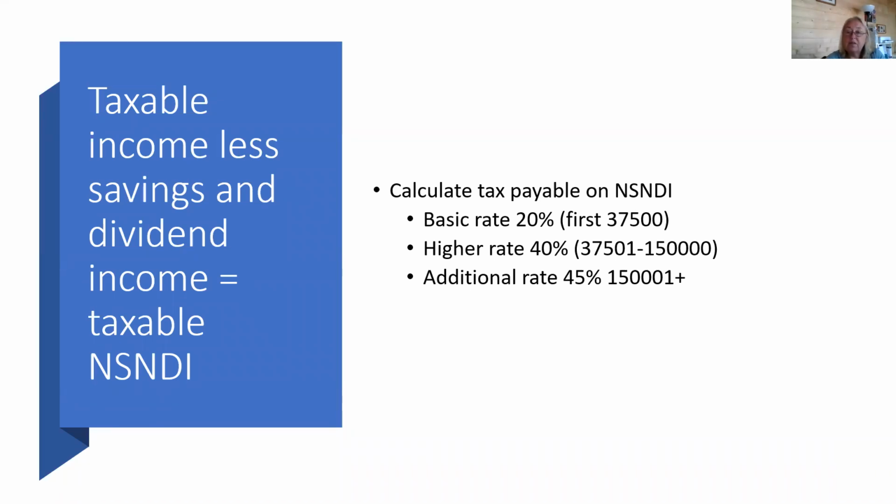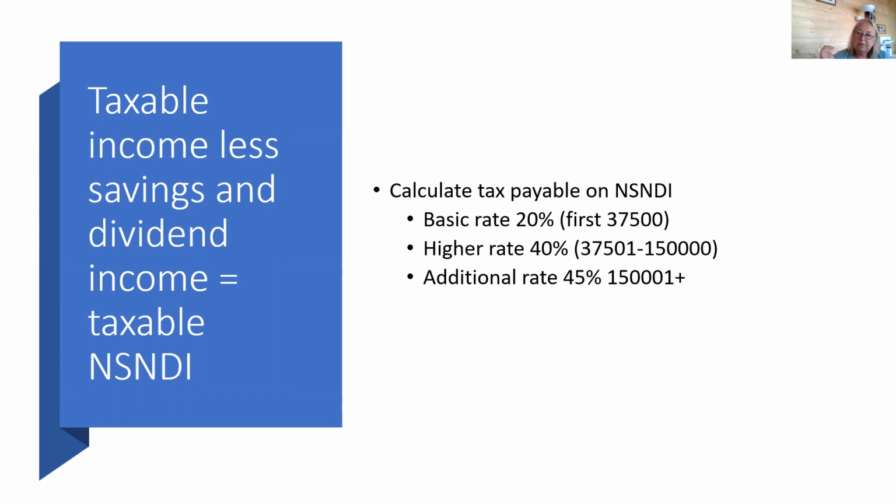Remember, that first 37,500 has already been taxed. I don't tax it again at 40%. It's already been taxed at 20%. So that would actually be 112,500 at 40%. And then there would still be £50,000 left. Remember, I've earned 200,000, just taxed 150,000. So then that would be 45% on the remaining 50,000.